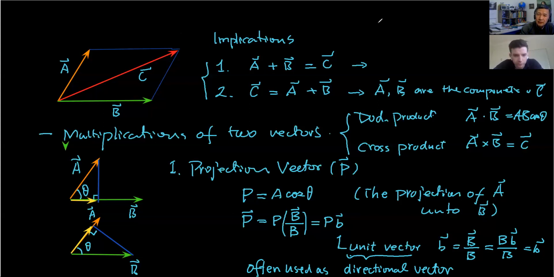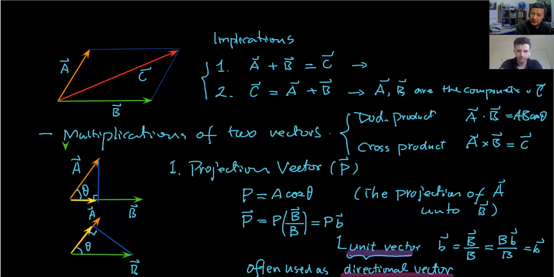So what is a unit vector and what is a directional vector? The directional vector is very useful, and eventually you will know it is actually the base, which can be used to build the basis depending on the dimension of space. For example, for 2D, like we discussed here, it is a two-dimensional space, so we use two directional vectors.